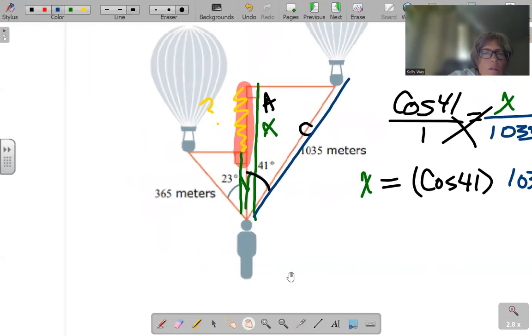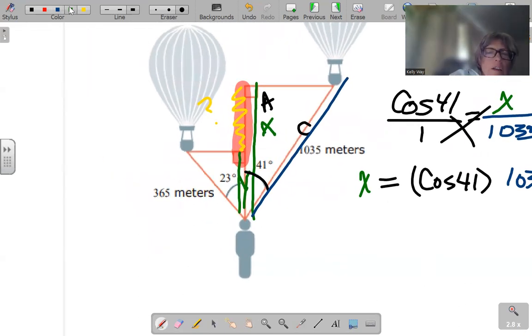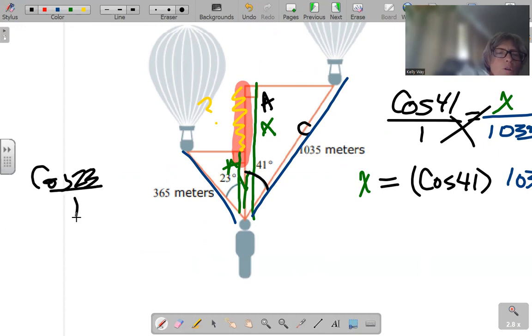Let's come over here for y and 23 degrees. That y would also be the adjacent. In that triangle, this would be the hypotenuse here. So cosine again, cosine 23 this time over 1 equals adjacent, which is going to be our y, over our hypotenuse, which is 365.